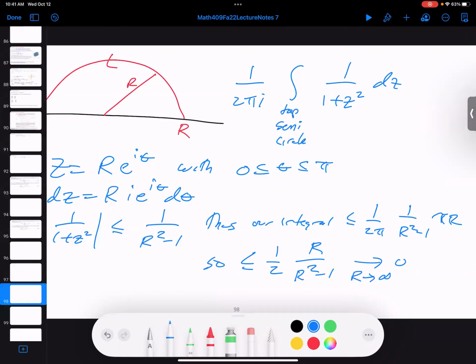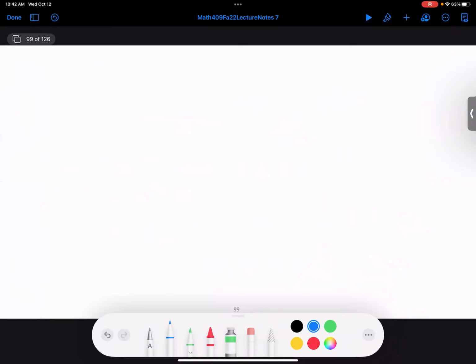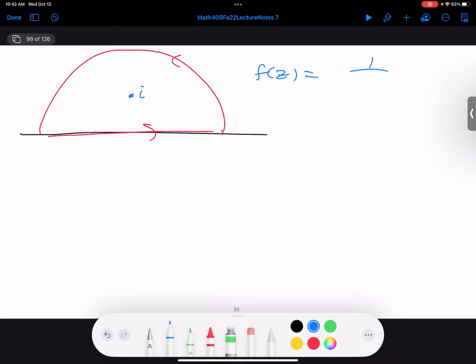So now what's left? Here is my semicircle, and here's the point i, and my function is f of z equals 1 over 1 plus z squared. So I need to write the Taylor series, and I need to get the coefficient of the Taylor series at i. All right, let's see if I can do the algebra.